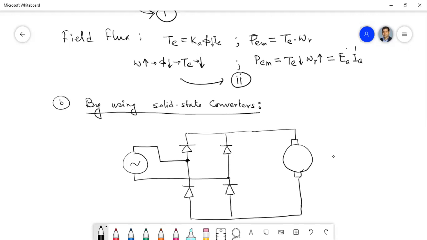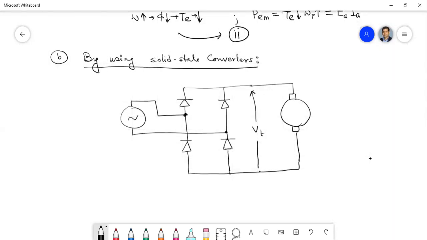So here you will get a fixed DC. Here you have the terminal voltage. If your AC voltage is fixed, your DC voltage will be fixed. But here you cannot control the terminal voltage, isn't it?